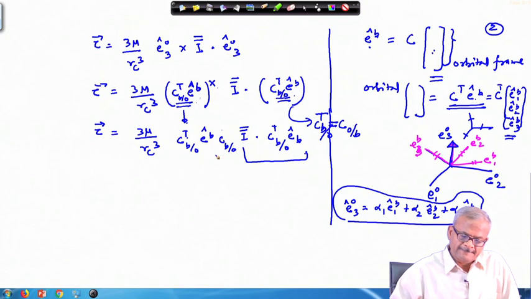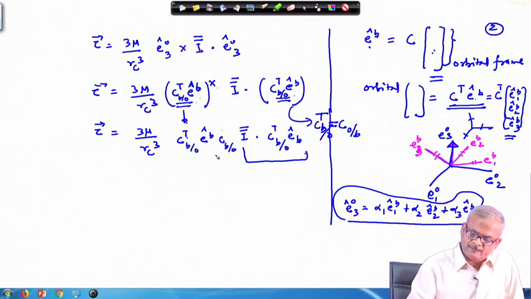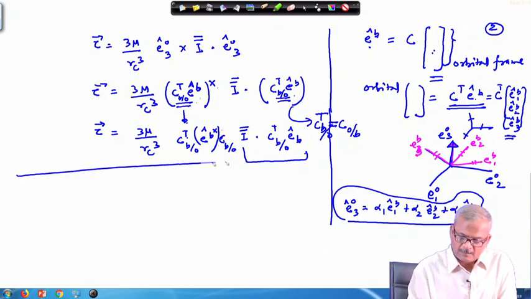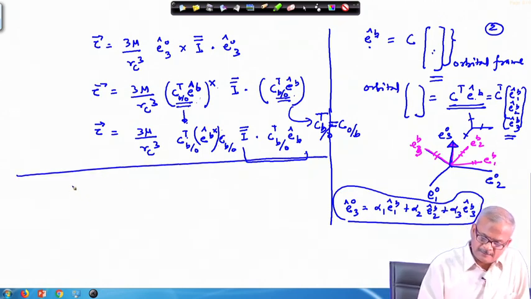Here we need to put a cross. Let me explain this part, and then this part we will prove through the vectrix method.